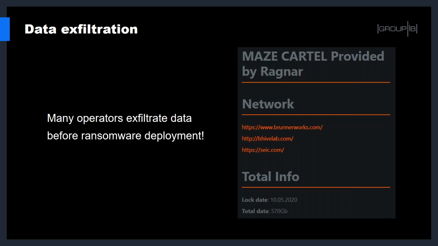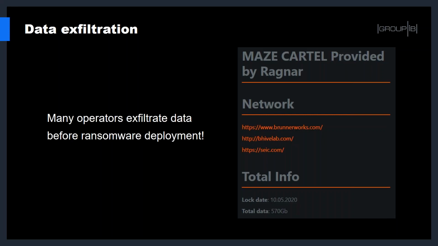For example, here on the screenshot, you can see that they got some data from Regna operators. Also, previously, they published data gathered by operators of Logbit ransomware.